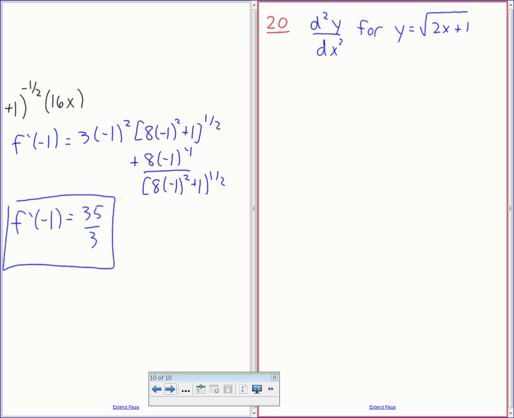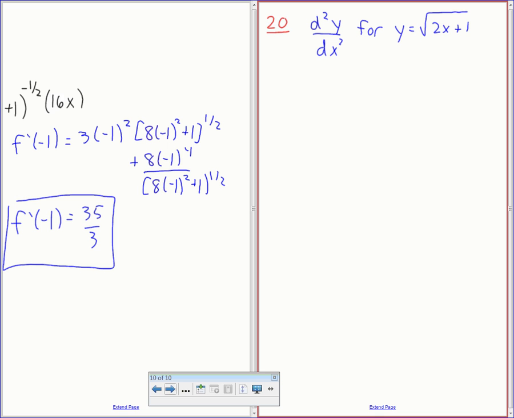Can someone translate what d squared y over dx squared actually means, other than Michael? Someone want to guess? No one can guess? Okay, let's take a step back. What's dy by dx mean? It's a derivative. So someone want to guess what d squared y over dx squared means?